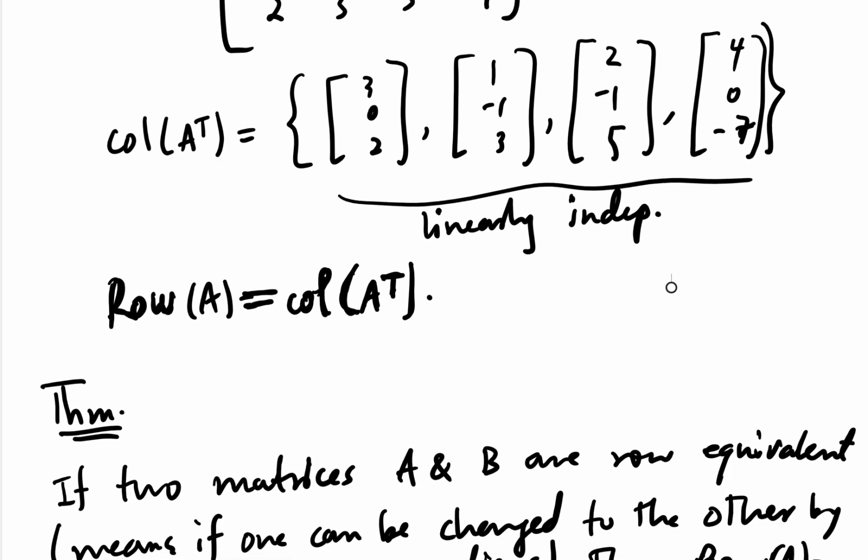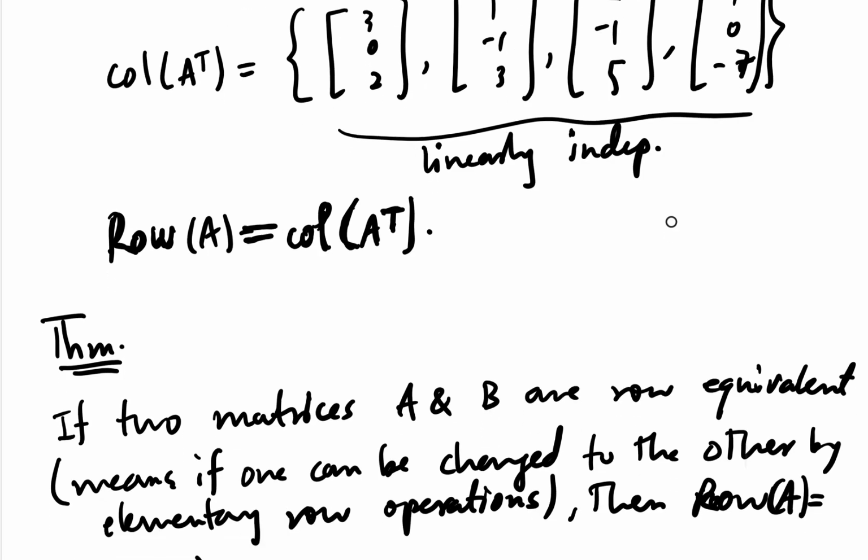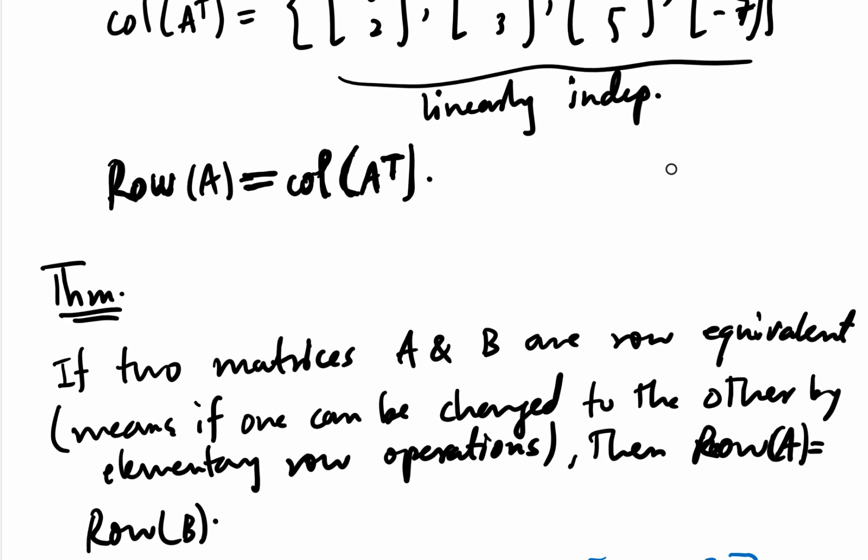Theorem: if two matrices A and B are row equivalent, meaning we make changes on one of them using elementary row operations to obtain the other one, then we call them row equivalent.